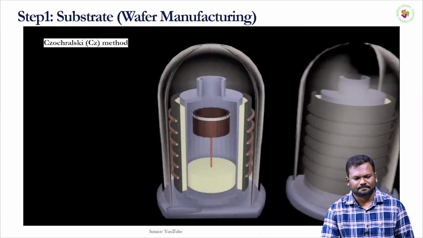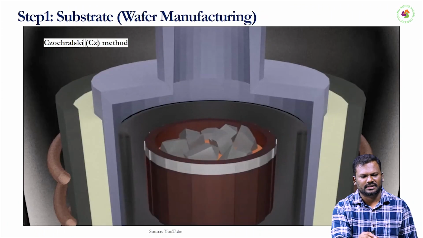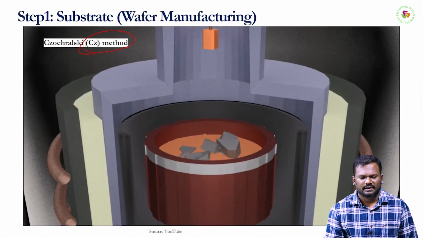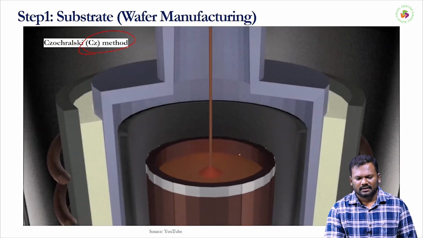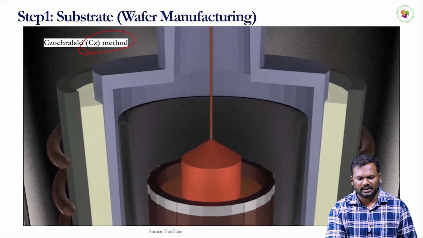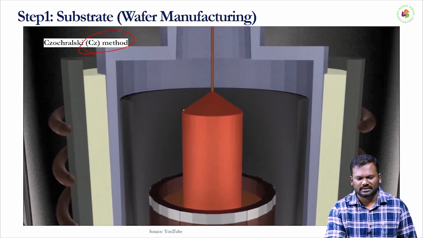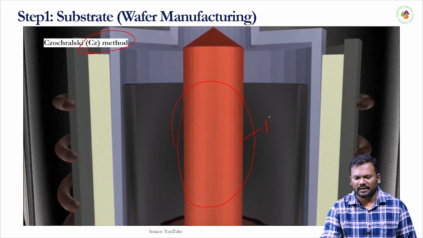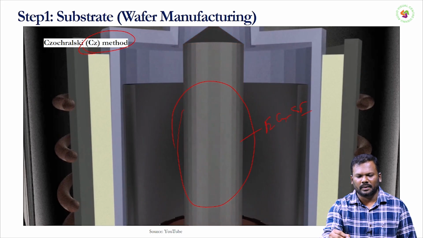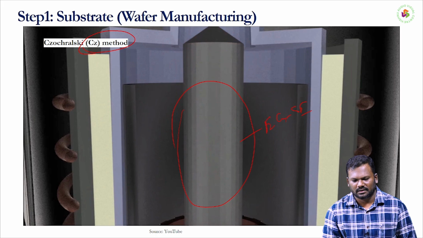So this is one of the famous procedures that we call the CZ method, where the silicon or metal graded silicon is melted. Then after that, by using the die, you want to extract this entire silica. So this silica we call electronic graded silica. Then this entire tube-like structure we call an ingot.